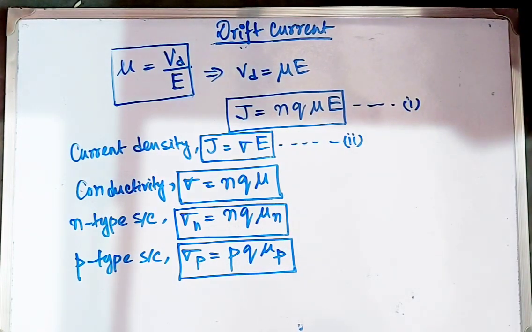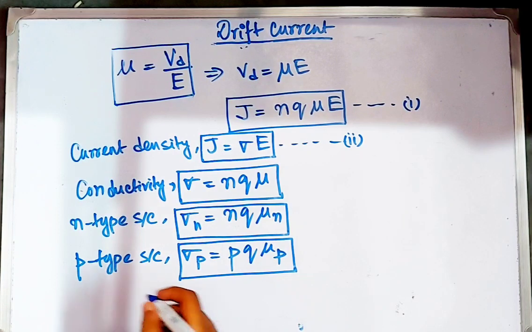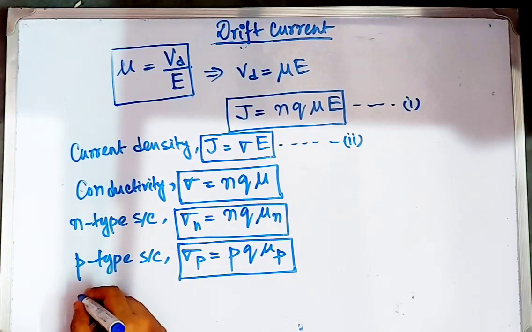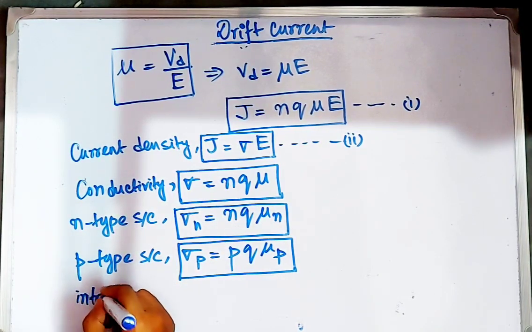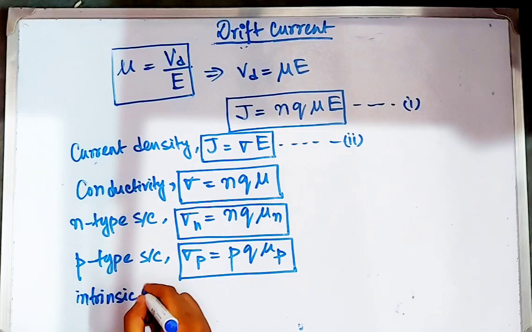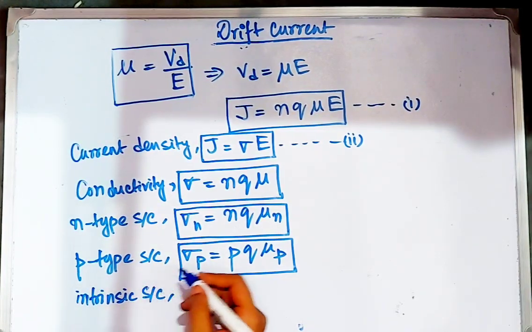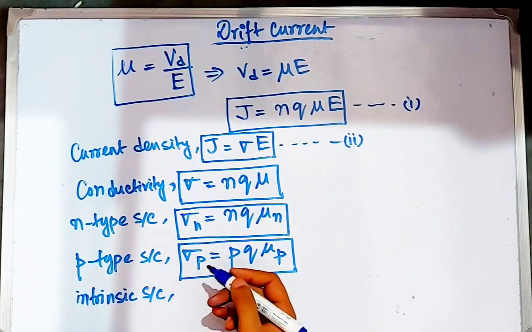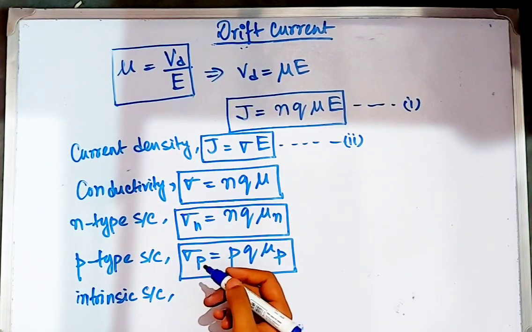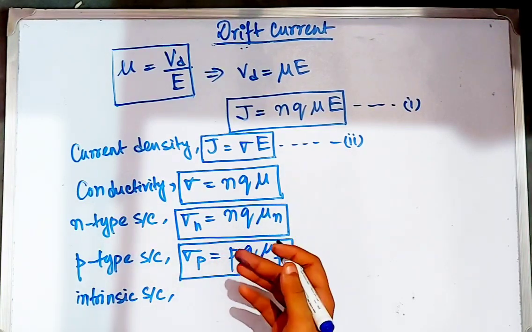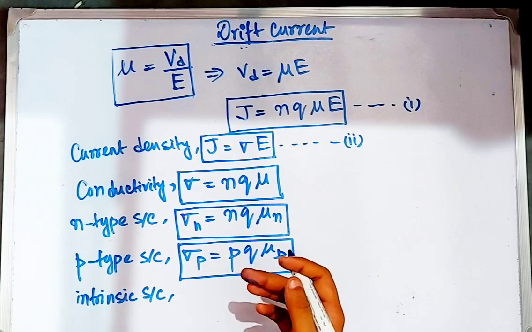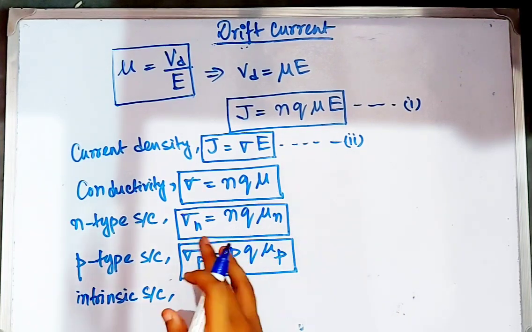And suppose we are talking about some intrinsic semiconductor, and at a temperature which is greater than 0 Kelvin, then of course there must be breaking of bonds, and there must be some number of electrons as well as some number of holes.